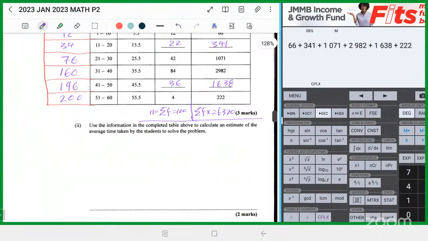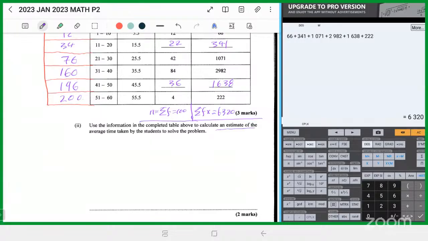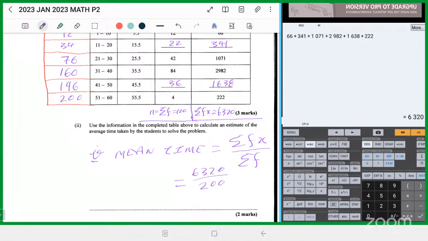The next one says, use information in the completed table to calculate an estimate of the average time taken by the students. That is the mean they're asking for, the mean time, which is the sum of fx divided by the sum of the frequency, the sum divided by the number of students.